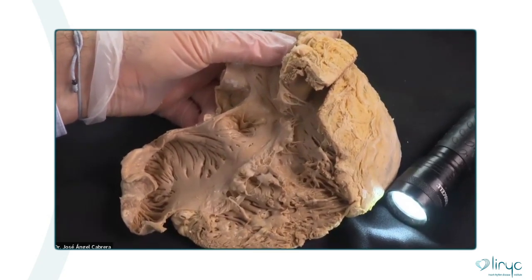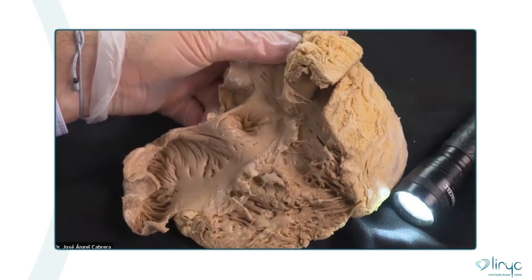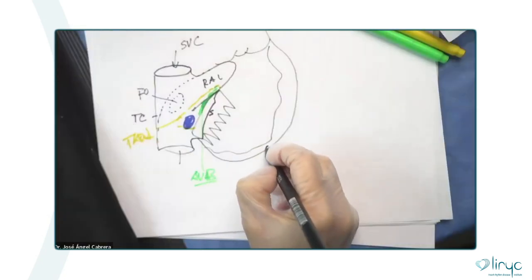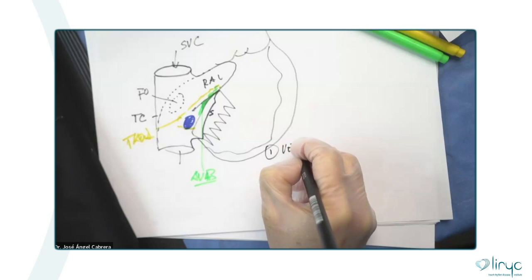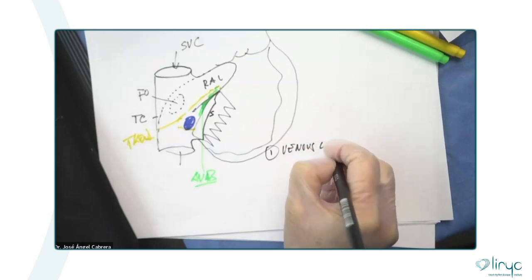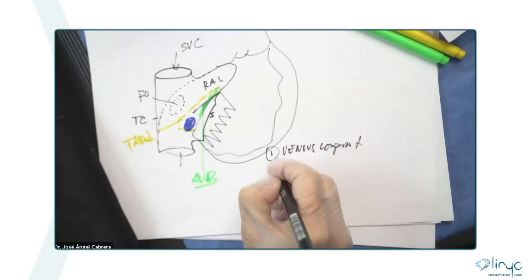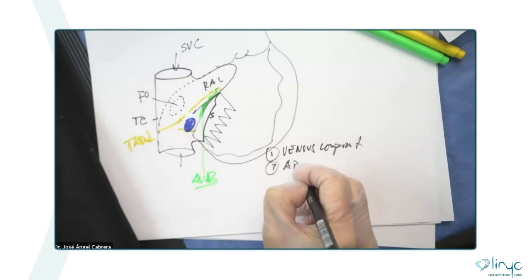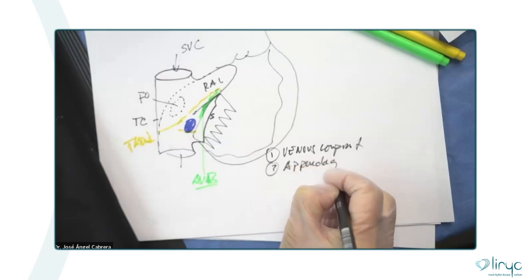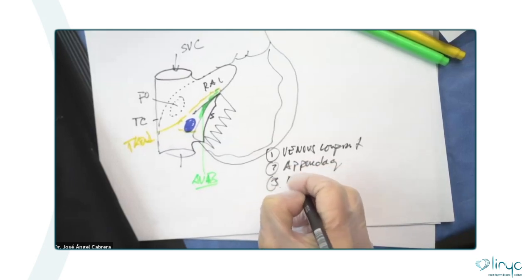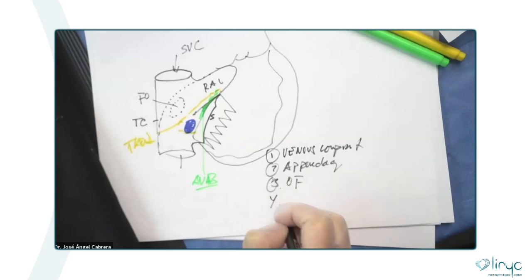These 4 components in the atriums are: one is the venous component, 2 is the appendage, 3 is the septum, fossa ovalis, and 4 is the vestibule.